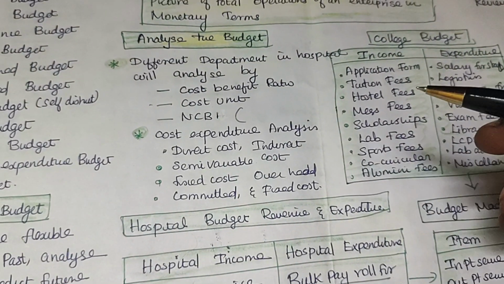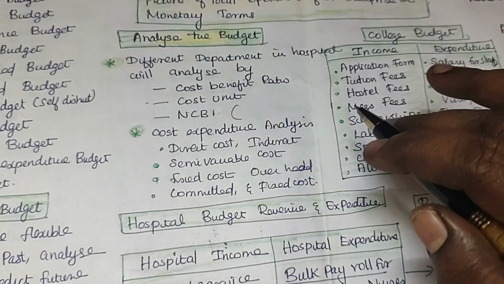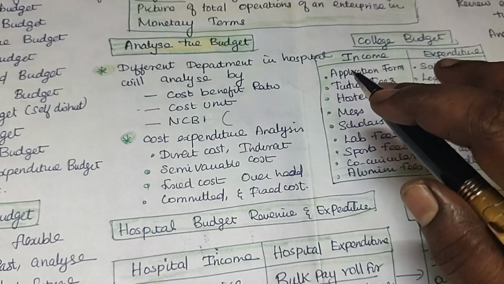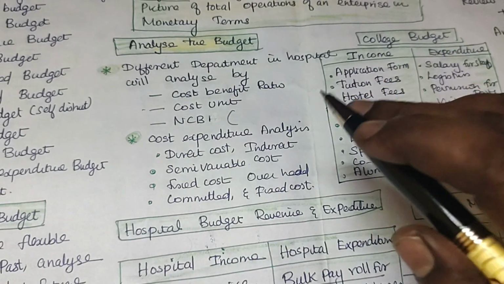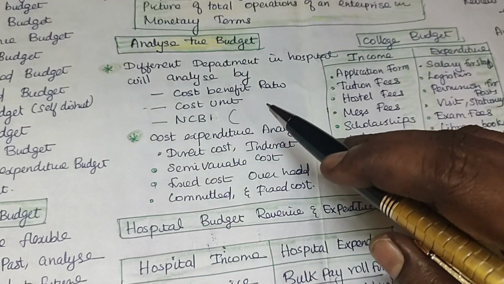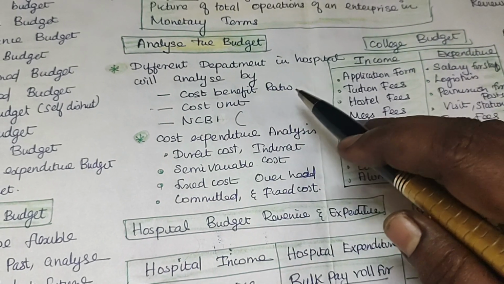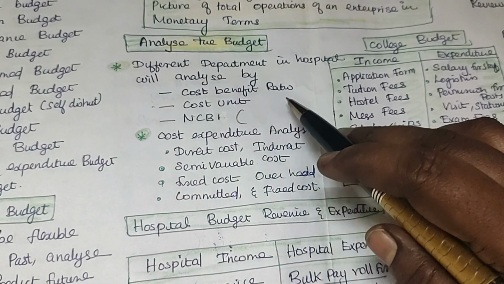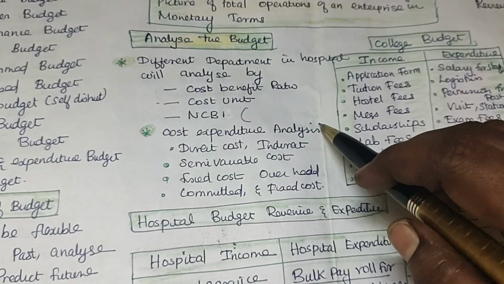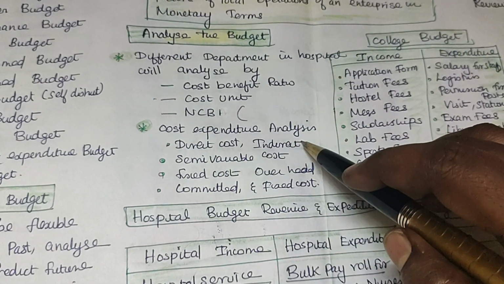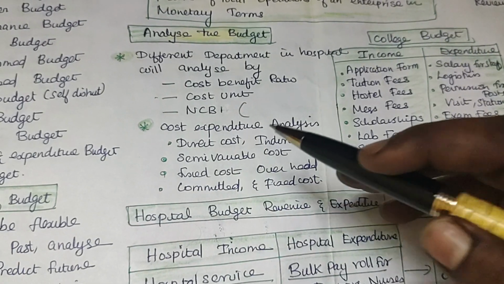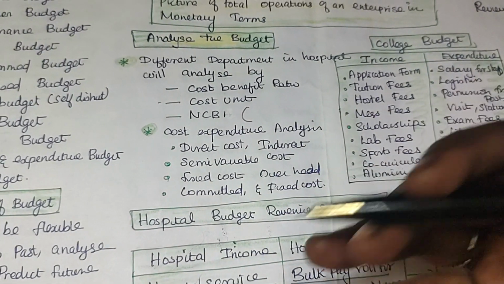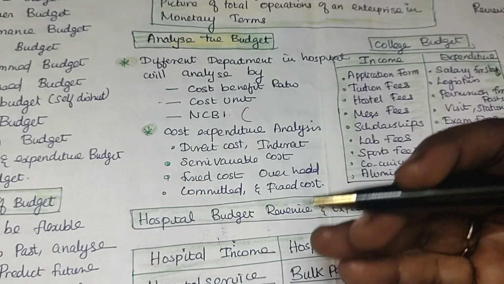Before making any budget, you first have to analyze the budget. How do you analyze? You analyze from the different departments or the hospitals. What kind of analysis? Cost benefit analysis, cost benefit ratio, cost utilization benefit and cost unit benefit. Cost expenditure analysis also: direct cost or indirect cost, semi-variable cost, fixed cost, overhead cost and committed cost.